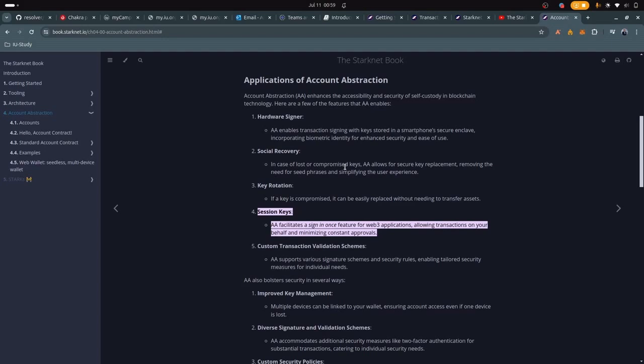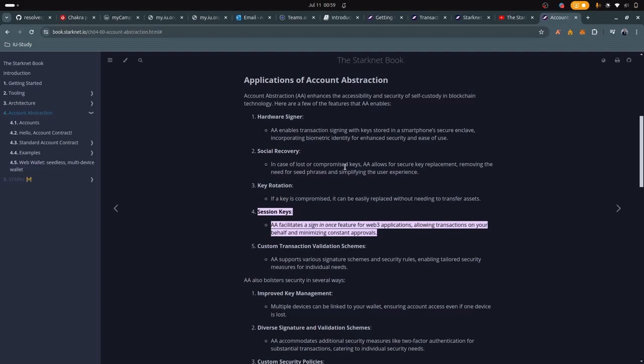You have things like signing a transaction with your fingerprint, maybe using facial recognition, and if you lose your private keys or your seed phrase, you don't lose access to your account. You can recover your account using email. You just enter your email address, use 2FA, enter the code, and recover your account.